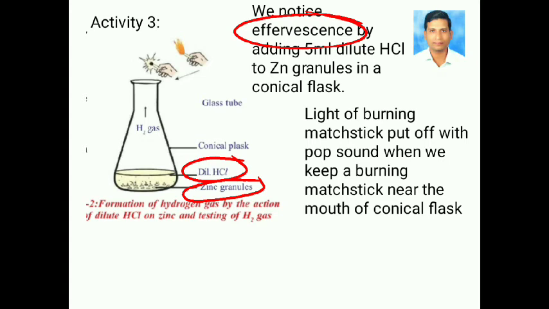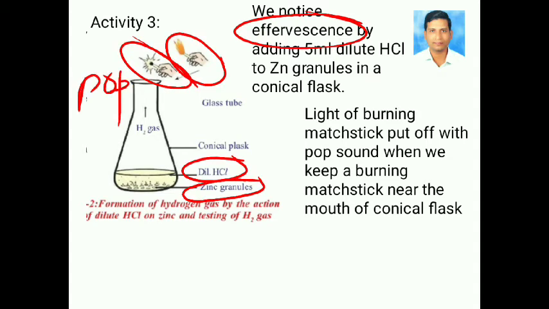Now keep a burning matchstick near the mouth of the conical flask. The light of the burning matchstick is put off with a pop sound. This indicates that hydrogen gas has been released in this reaction.